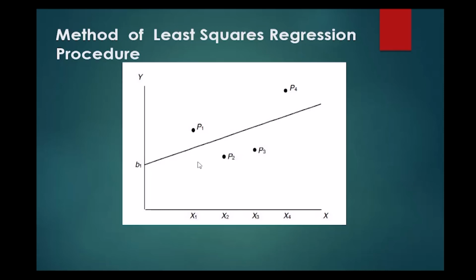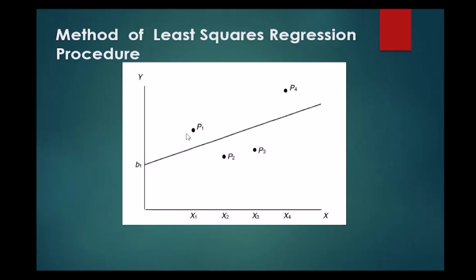We have observed in this particular diagram that there is a fitted line which starts from the intercept B1. This is a positive intercept on the axis, and it's a fitted line. Now we observe that some of the actual values, that is P1, P2, P3, P4, are lying outside the fitted line. This means that they are close to the fitted line, but they are lying outside.